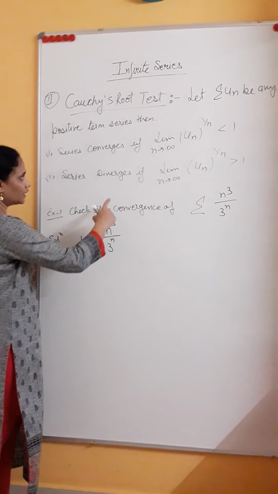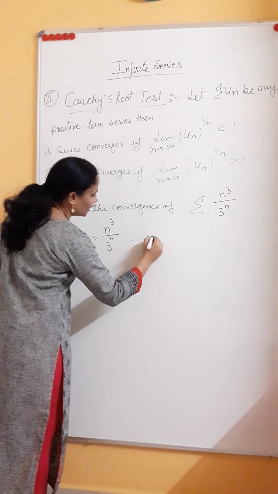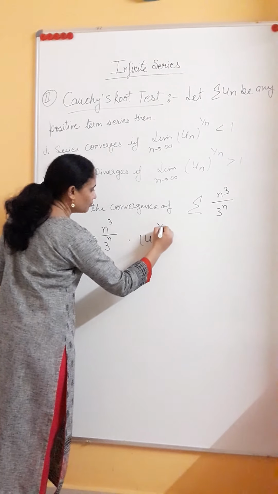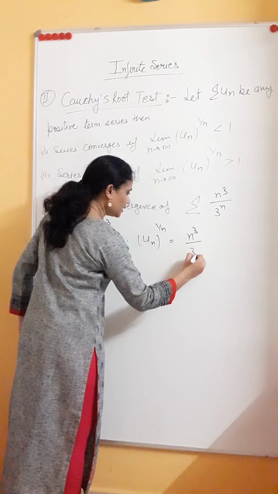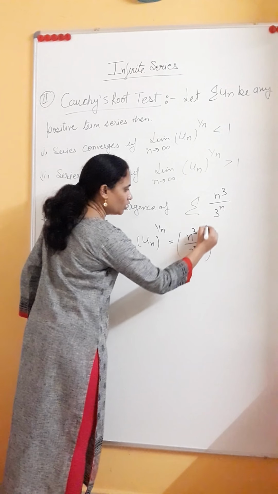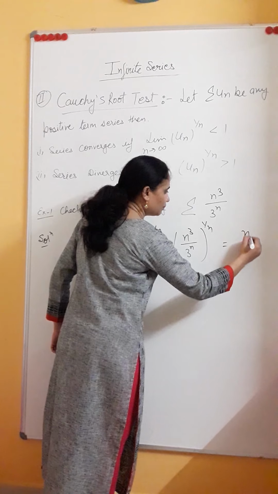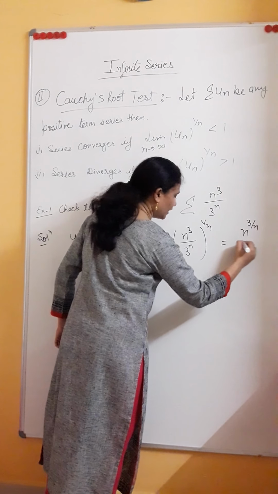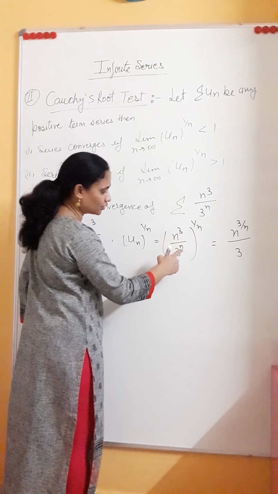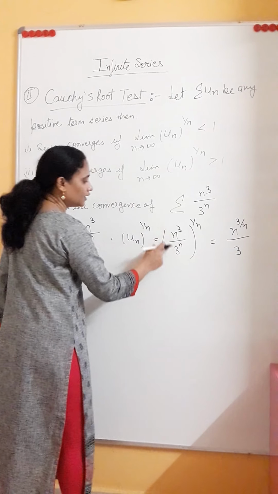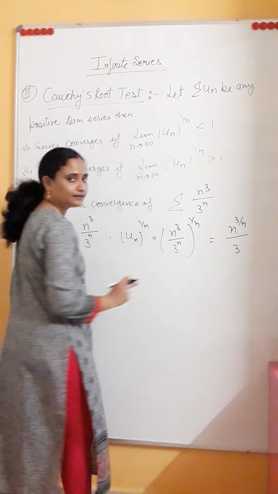Now for the root test we have to take power 1 by n. So un power 1 by n is n cube by 3 power n, whole power 1 by n, and the whole power 1 by n means I can separate this. So 3 power n divided by n, that becomes 1, so the numerator becomes n power 3 by n, and the denominator is 3.